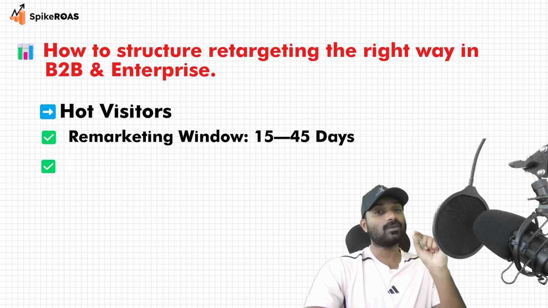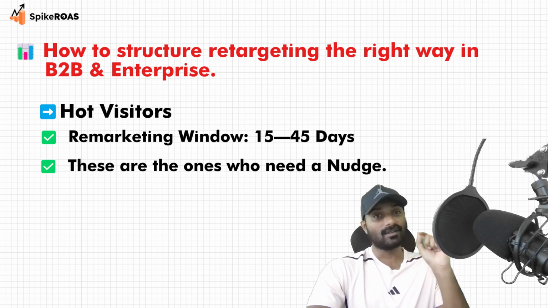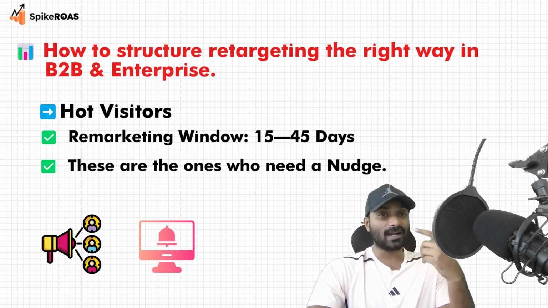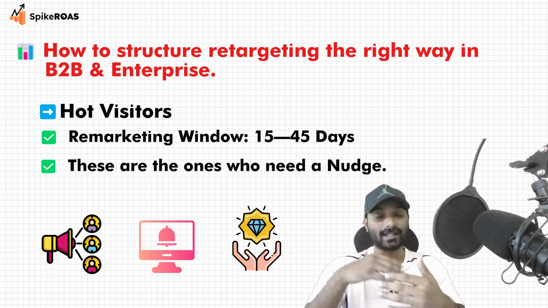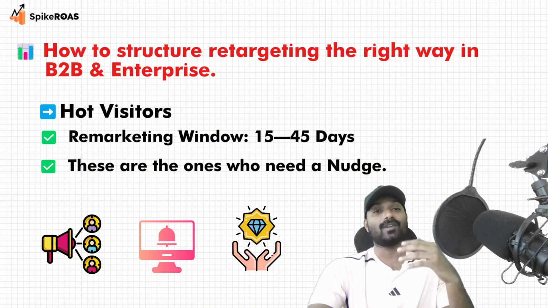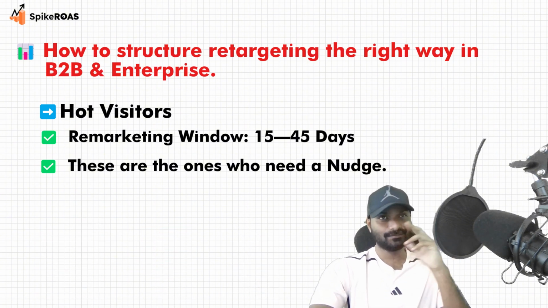So these are the ones who need a nudge. They are close to deciding but not yet sold. So show them personalized offers, demo reminders, value proposition, and compare them with your competitors. CTA should be talk to a product expert or see tailored pricing, something like that. So this approach lets you stay present without being aggressive.